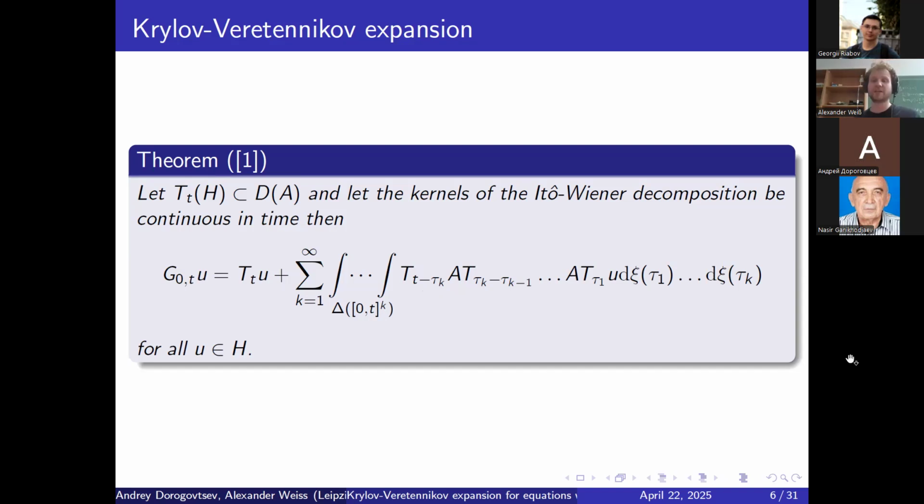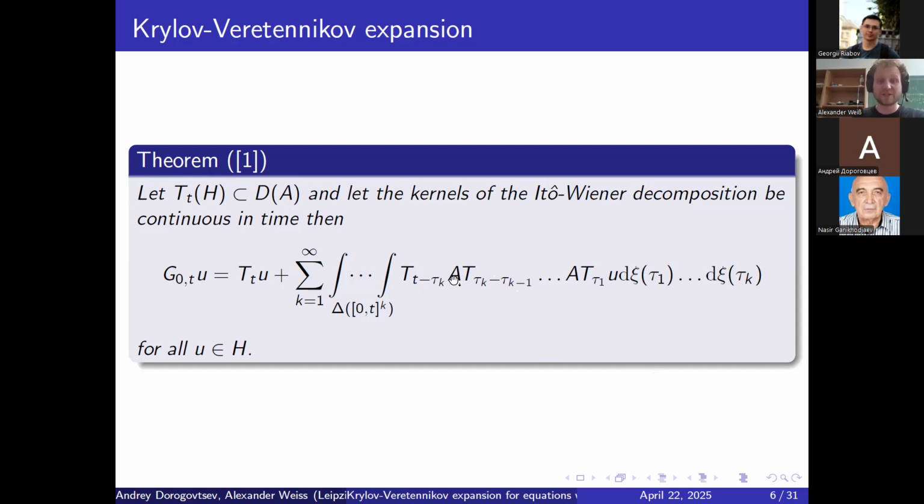And we actually want to apply the same technique of proof, the same proof as in this theorem. And for this, we need a couple of ingredients. So firstly, we need to have some conditions such that the semigroup applied to our space is in the domain of our operator.